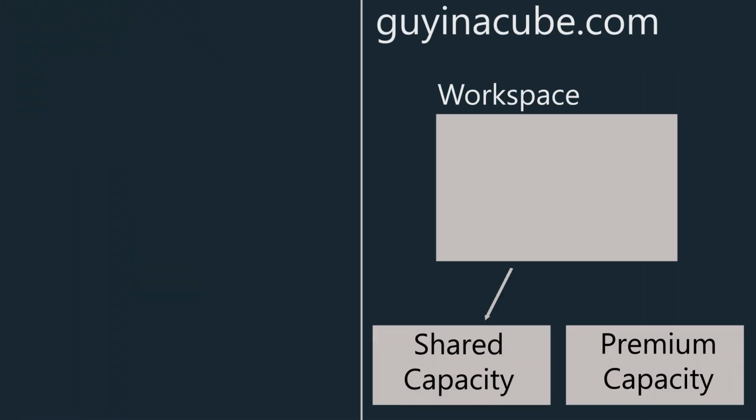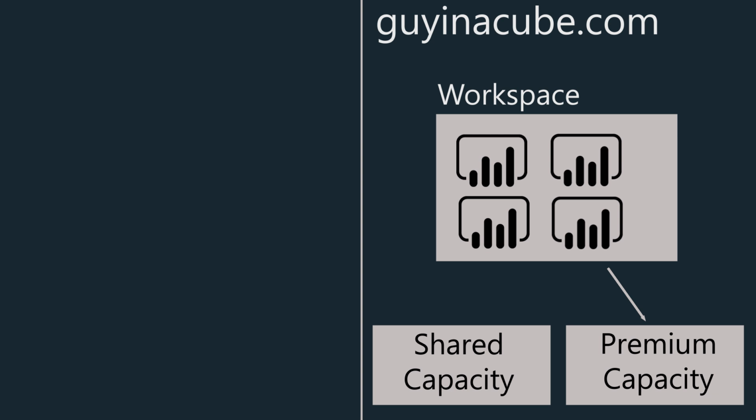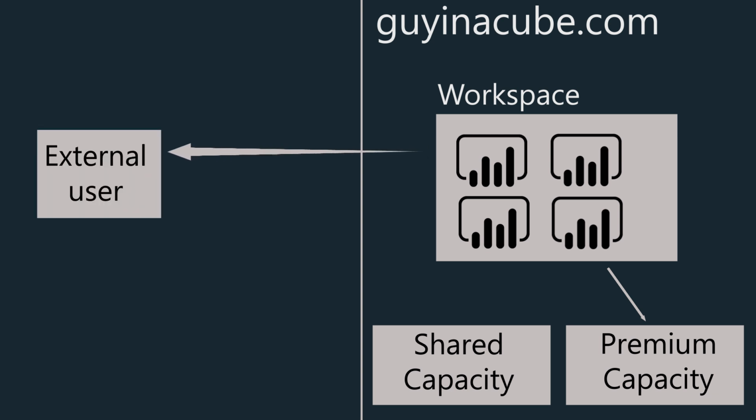But what if the workspace that dashboard is in is backed by premium capacity? So if we think about it, we've got workspaces, we've got Power BI Premium capacities, we assign those workspaces to the premium capacity, and inside of that workspace, we've got a set of dashboards, reports, and data sets, and maybe some Excel workbooks. So then I take that dashboard that's in the workspace backed by premium capacity, and I share that to someone outside of my organization.